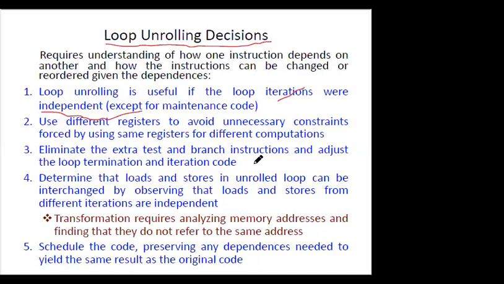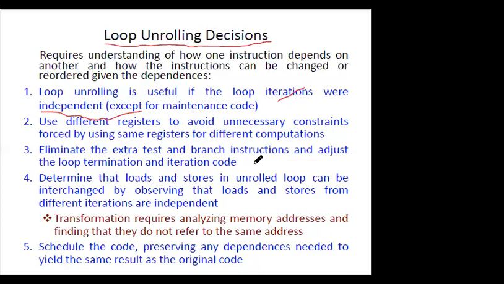By loop unrolling, we have repeated the loop many times, and in order to repeat the loop and perform the same process, we have to use different registers to store the value and fetch it again from those registers. In order to do that, we have to eliminate the extra test and branch instructions.